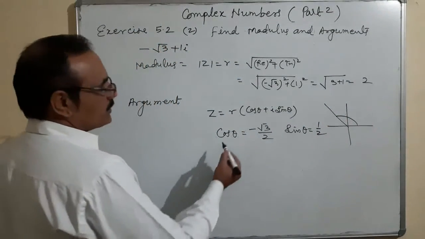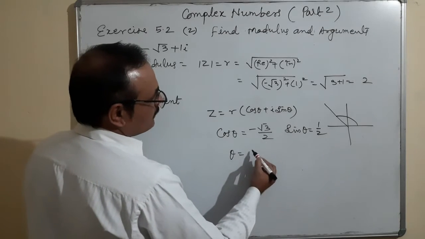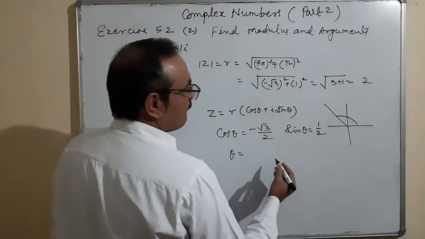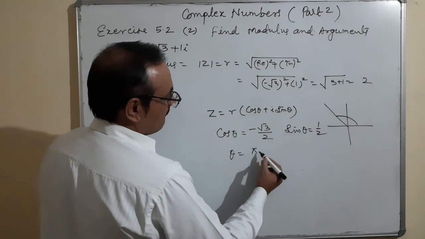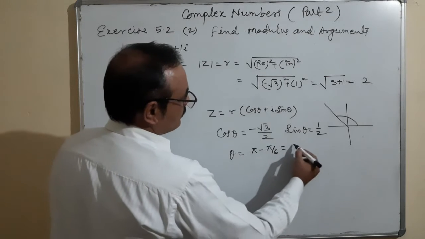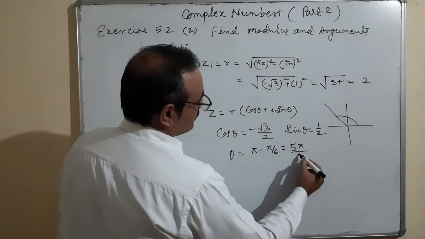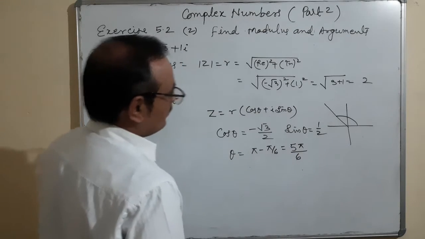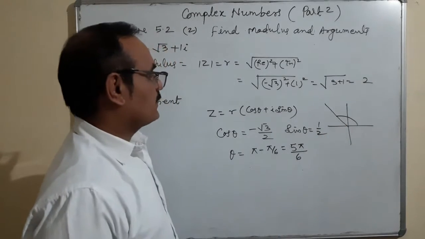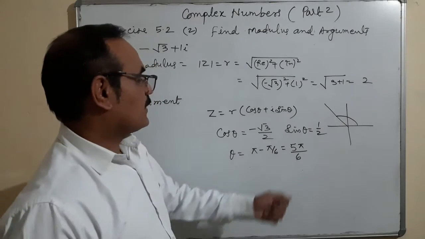So theta is equal to, what should I write here? I can write here, this is pi minus pi by 6. So 5 pi by 6. Okay. This is total pi, and from the pi we'll have to subtract pi by 6. Okay. So 5 pi by 6.